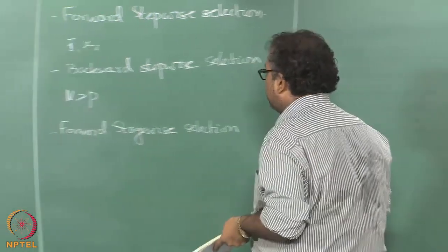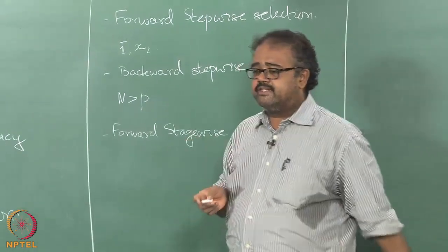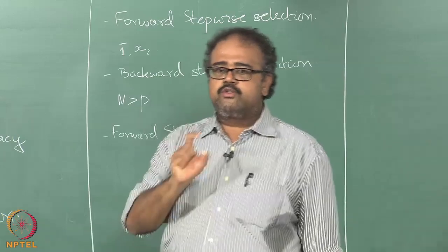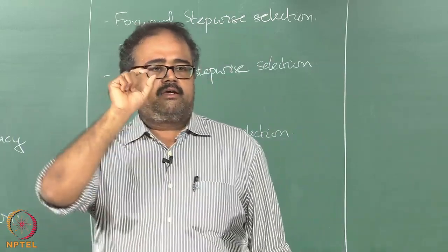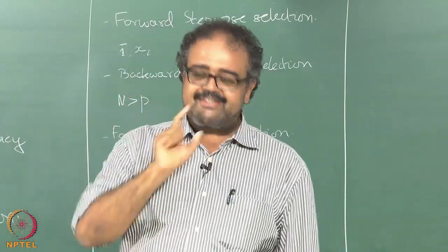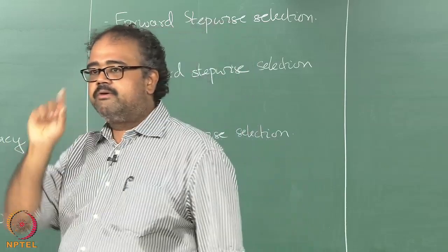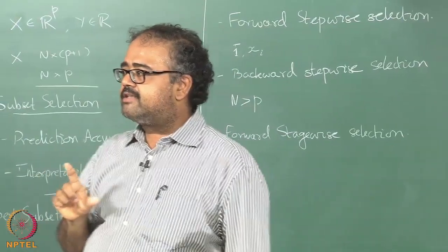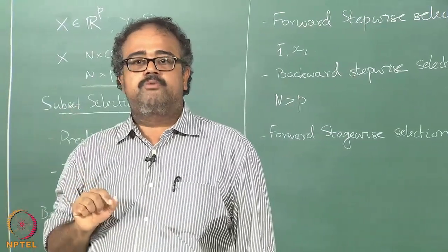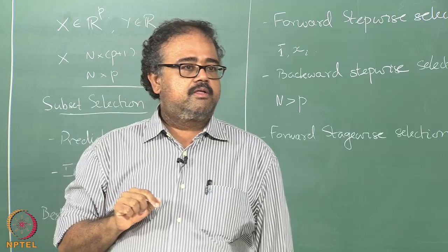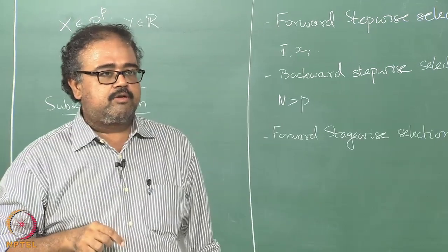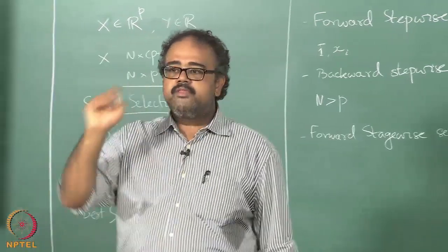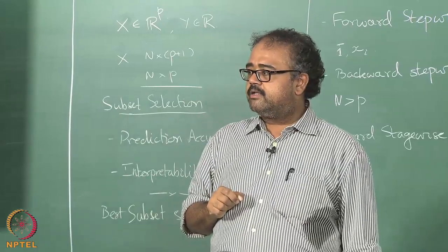Right. So, it is called forward stagewise selection, where at each stage you do the following. On the first stage, you pick the variable that is most correlated with the output, and then you regress the output on that variable.